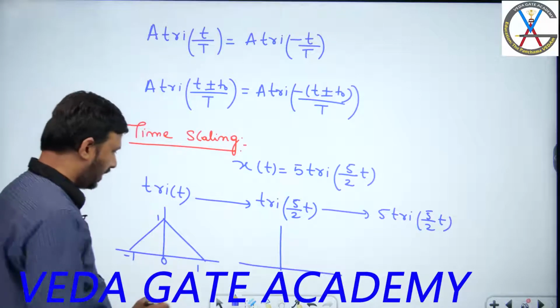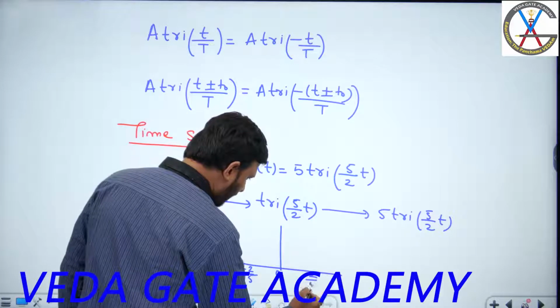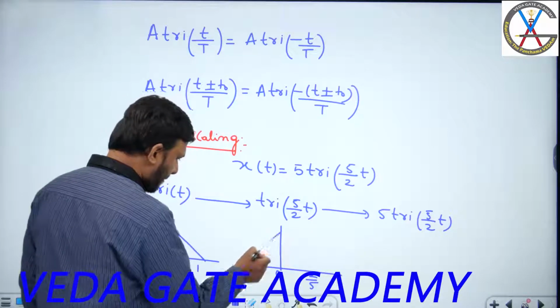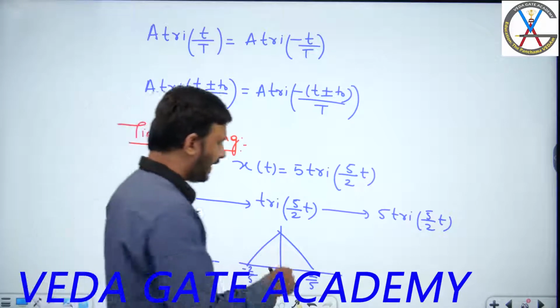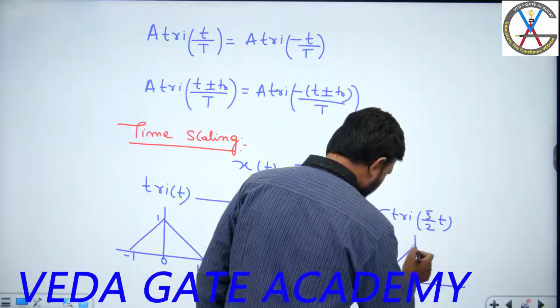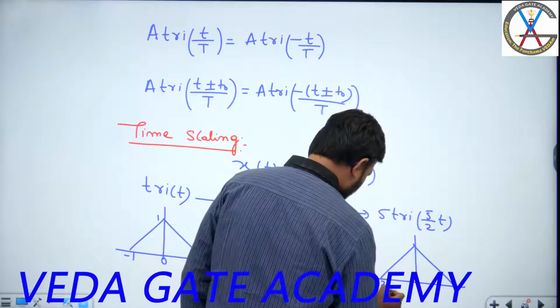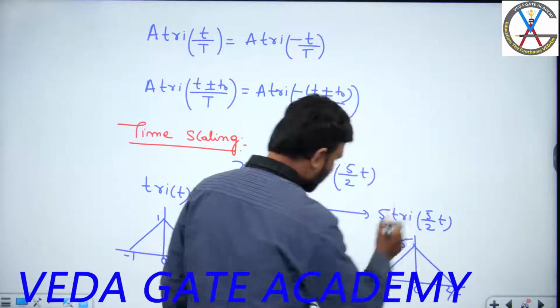This will become minus 2 by 5, this will become 0, this will become 2 by 5. Now 5 tri of 5 by 2 t means minus 2 by 5, 0, 2 by 5, and the peak becomes 5.